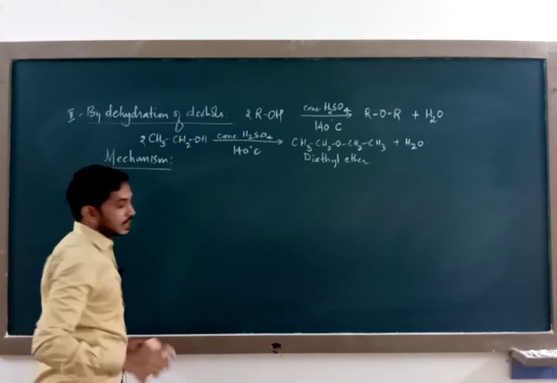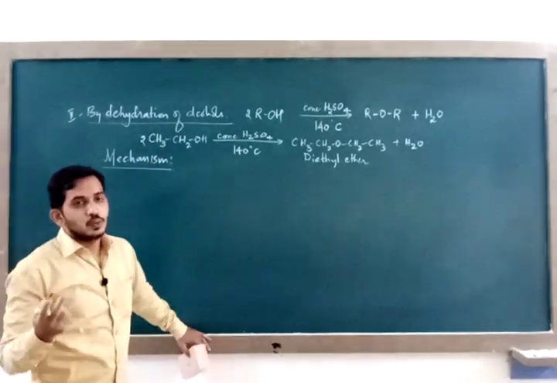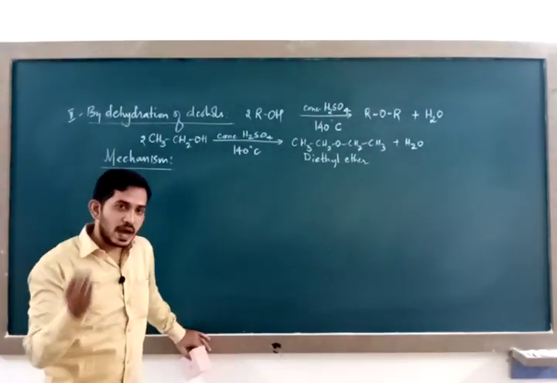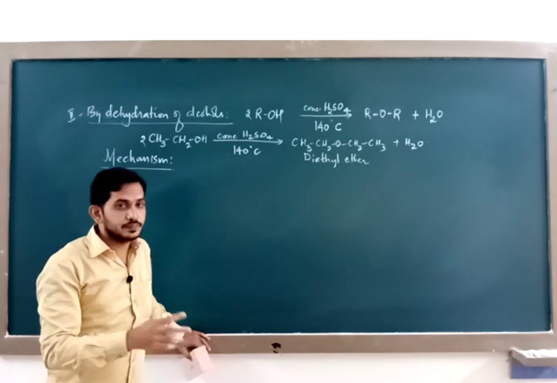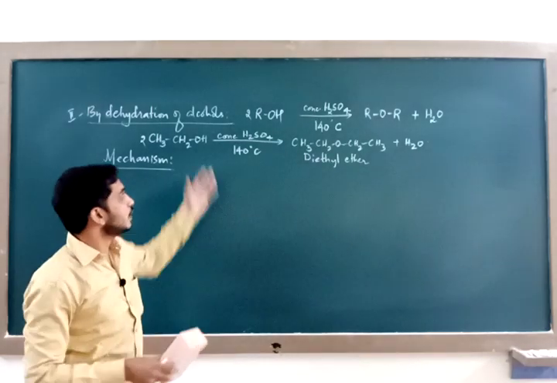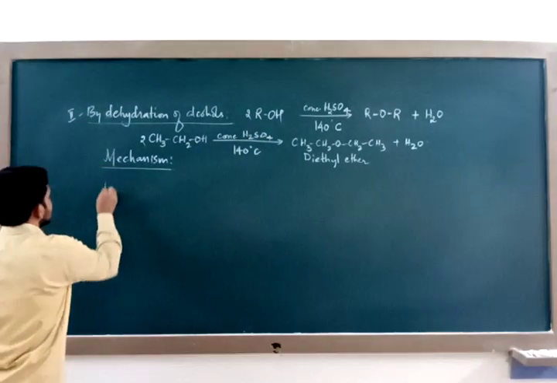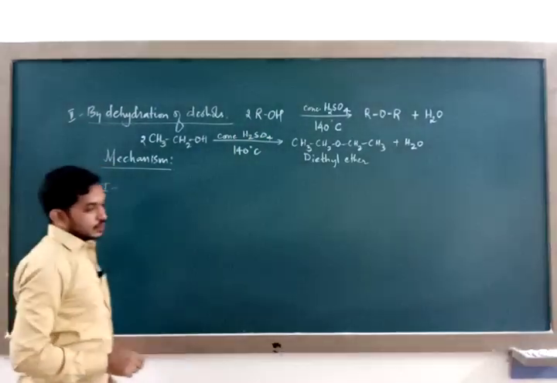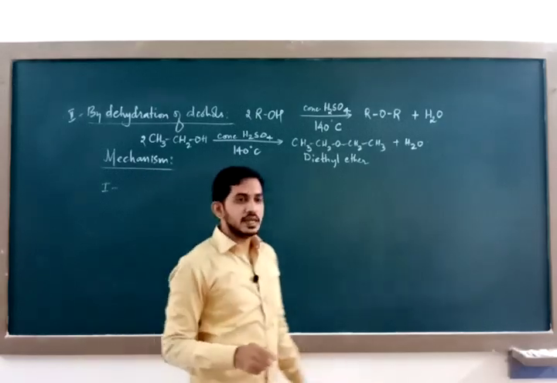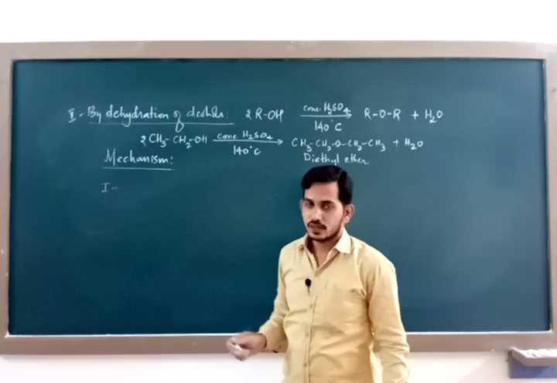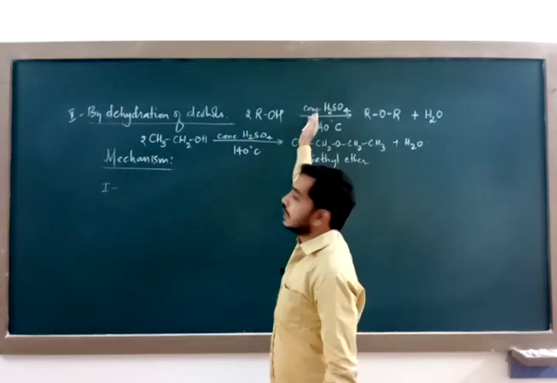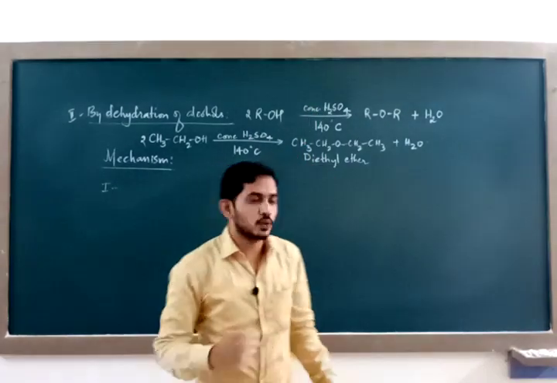So from the alcohols chapter you have 2 mechanisms. One is dehydration of alcohol into alkenes. The second is dehydration of alcohols into ethers. So in the first step, you imagine that sulfuric acid has already donated a proton. Sulfuric acid being a dehydrating agent, it has now donated a proton.